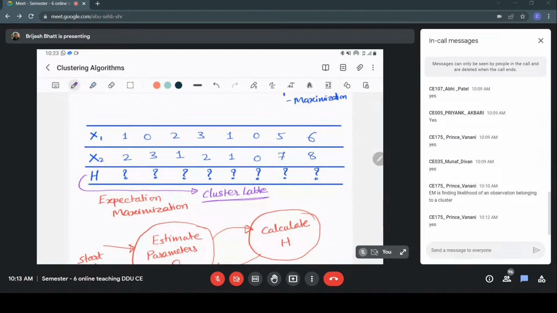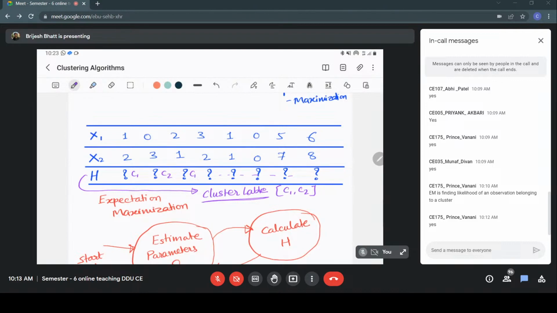Let us say we are dividing data points into two clusters, as we did in the previous example. We are dividing the data points into two clusters, C1 and C2. So this H can take the value of C1, C2, C1, and so on.